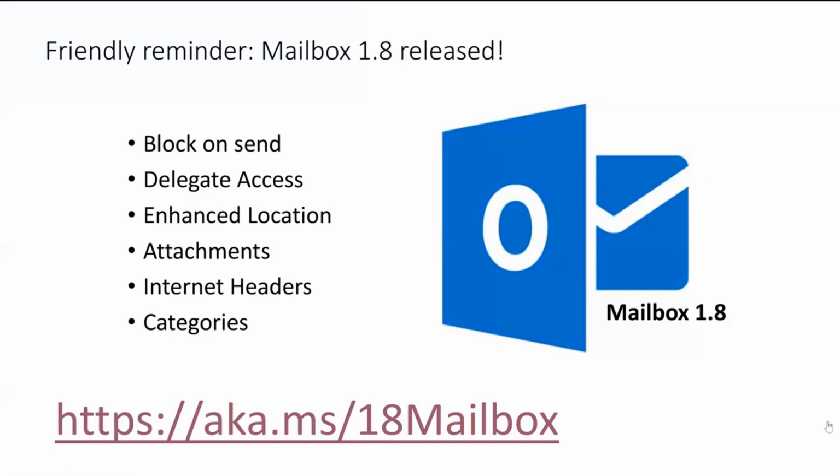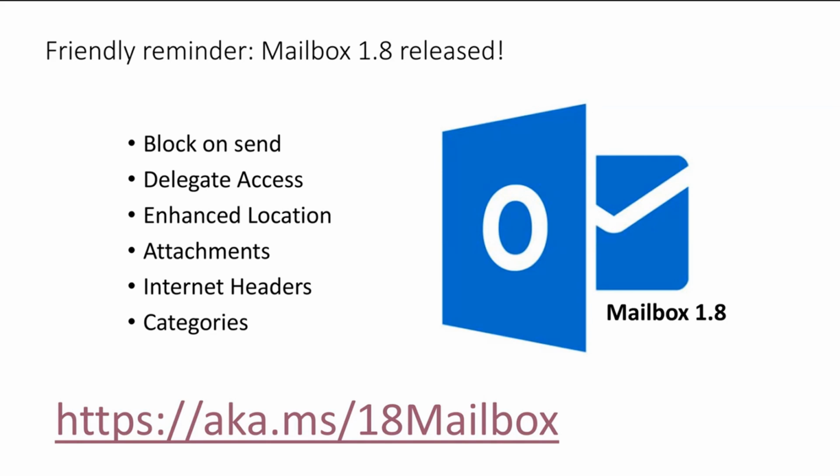So first of all, before we go into the topic, a friendly reminder that we recently released our Mailbox 1.8 API. That means that you can actually use all these new features in a production environment with Outlook add-ins, such as block consents, delegate access, so you can now support shared folders. We support activating add-ins on shared folders.